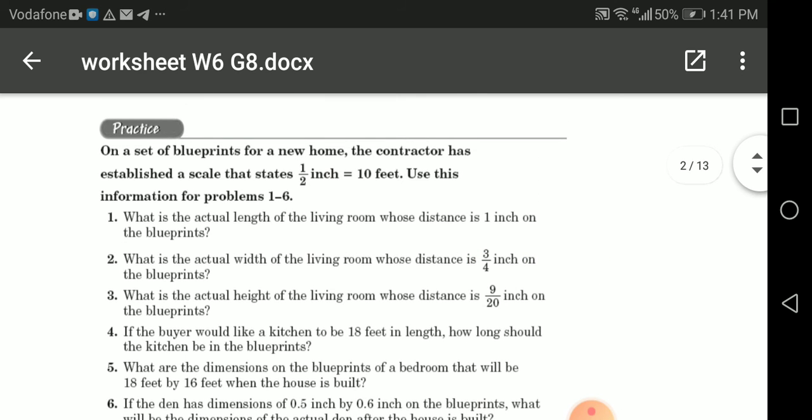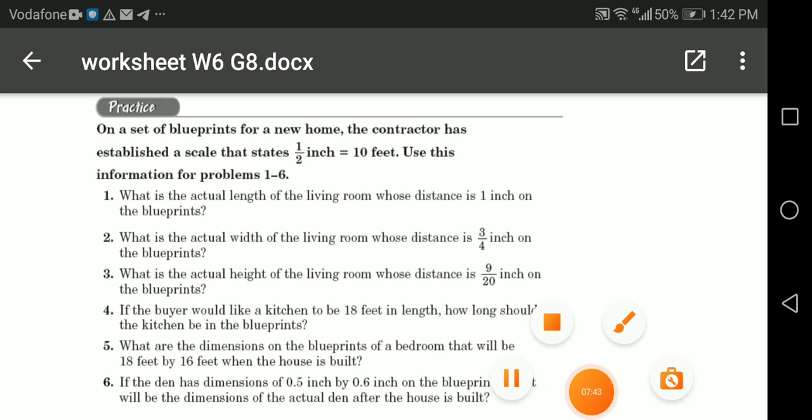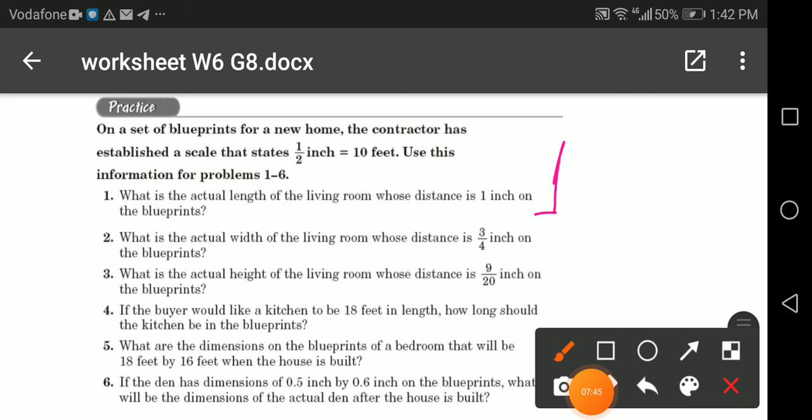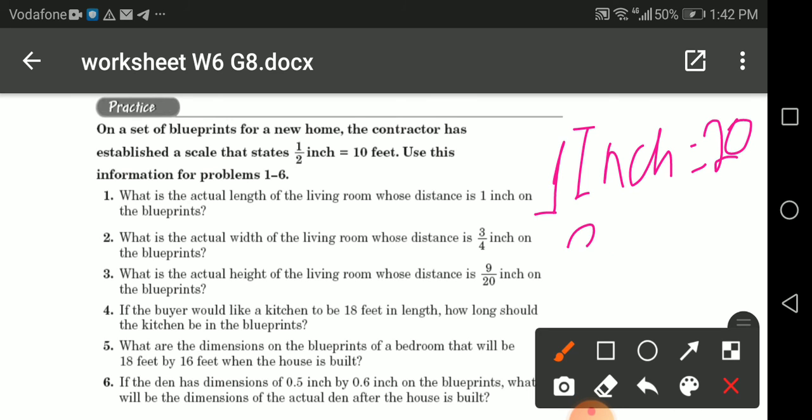Let's see the question. I know now 1 inch equals 20. What about 3/4 inch of 20? Remember this one?